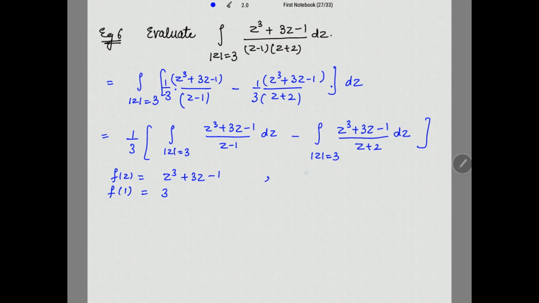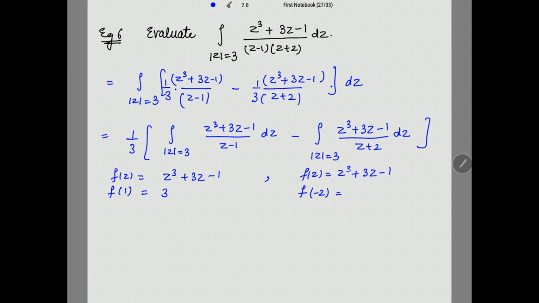And here also f of z is z cube plus 3z minus 1, and the z0 point is minus 2. f of minus 2 will be equal to, just put z equal to minus 2 in this.